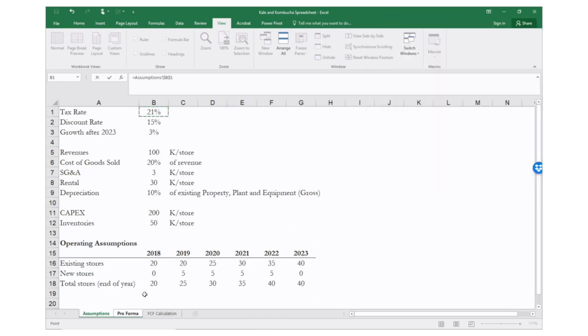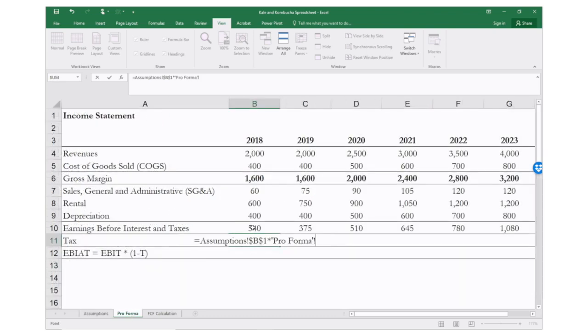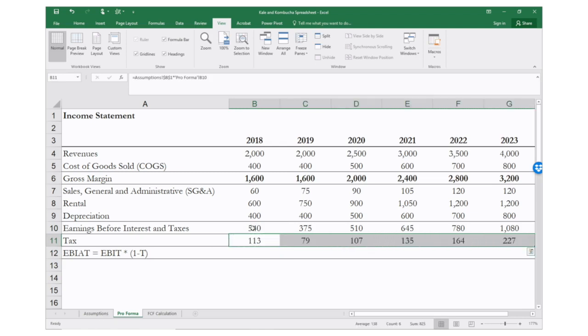We'll assume it is 21%, and we will multiply that by the earnings before interest and taxes in our income statement. So the tax will be $113,000 in 2018, and it will be always 21% of each year's earnings before interest and taxes.